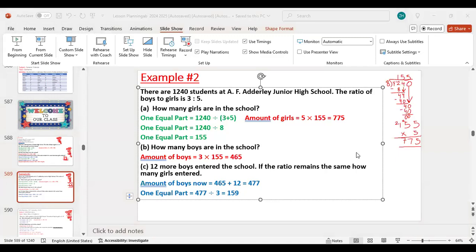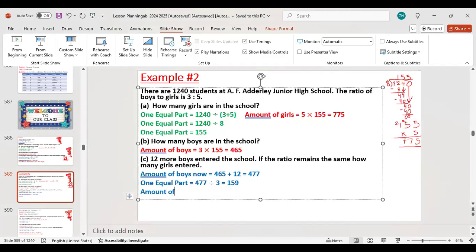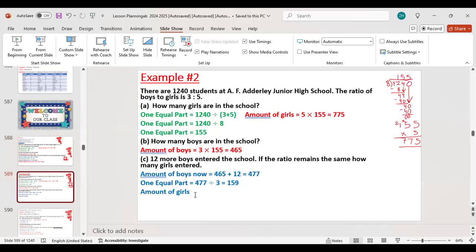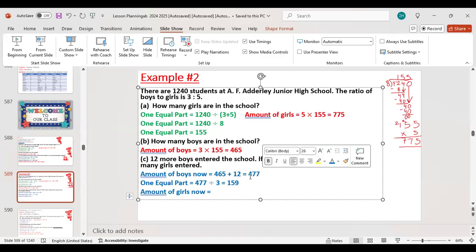Next, we have the amount of girls now. We know that one equal part is 159. Can someone tell me how we're going to find out the amount of girls now?